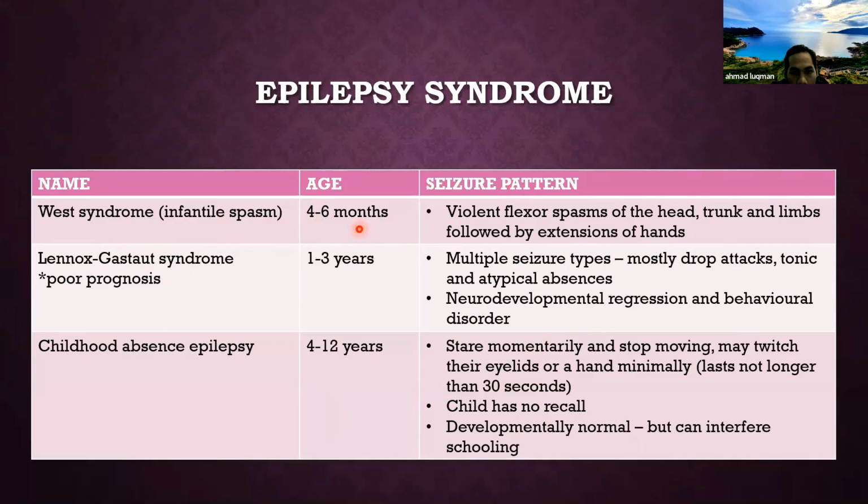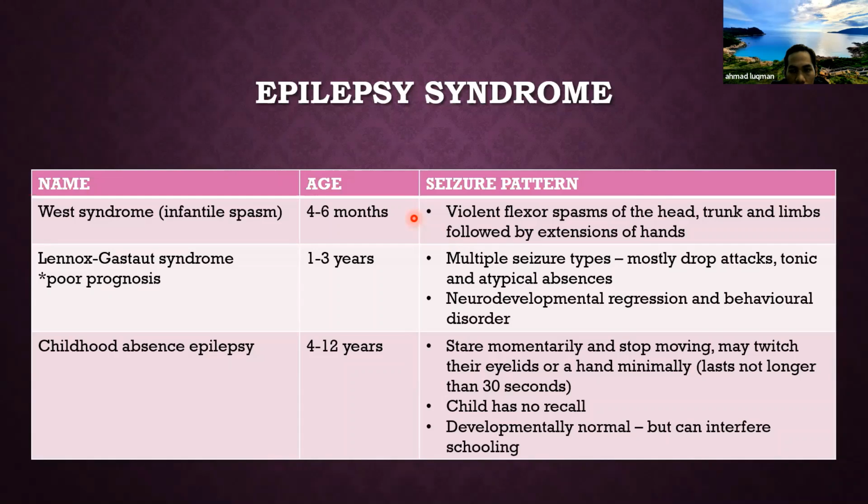The pattern is violent spasm of the head, trunk, and limbs, followed by extension of the hands. Usually, infantile spasm should go away by 4 years old, but mostly it will develop into other types of seizure condition in childhood or as an adult.